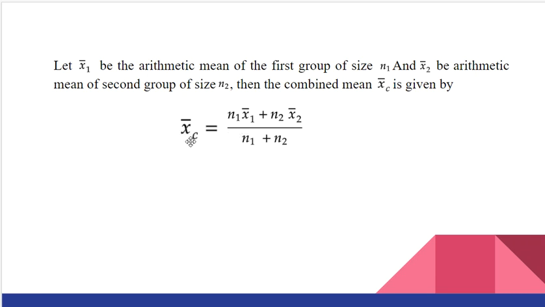Xc bar, that is the combined mean, is equal to, as we have given that x1 bar is the arithmetic mean of the first group of size n1, so the total sum of observations from the first group is nothing but n1 x1 bar, plus the total of the observations from group 2, which is nothing but n2 x2 bar, divided by the total number of observations, that is n1 plus n2.